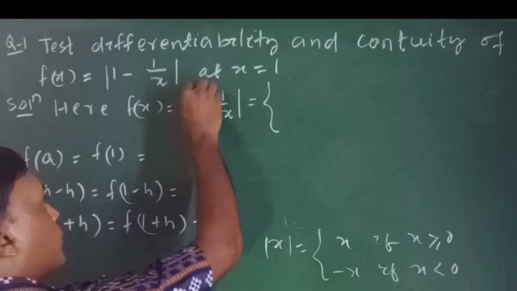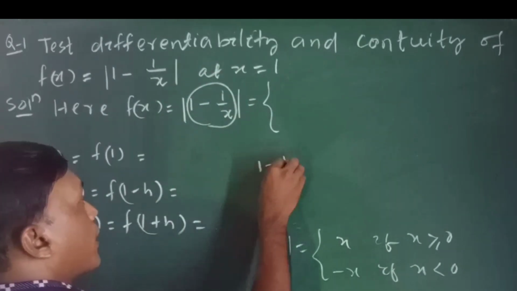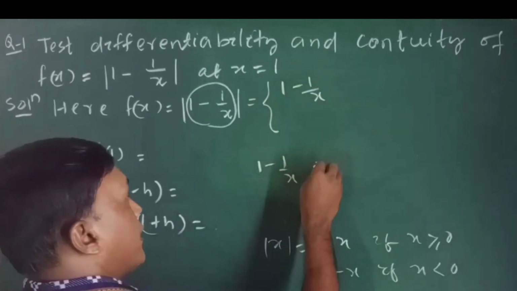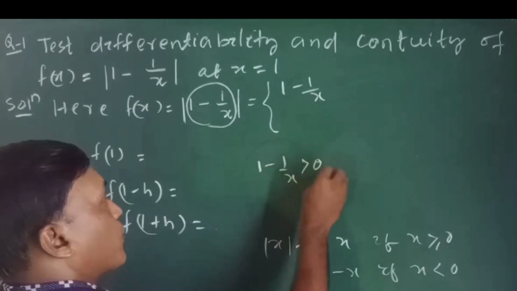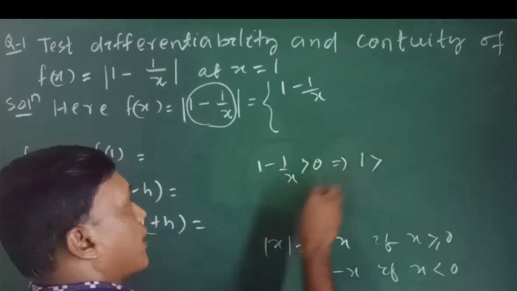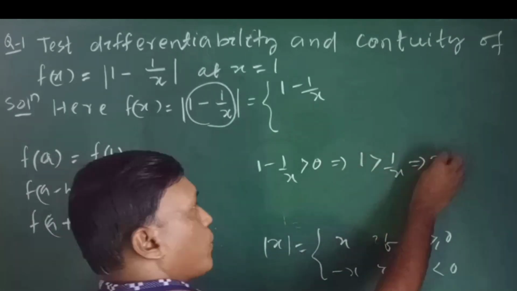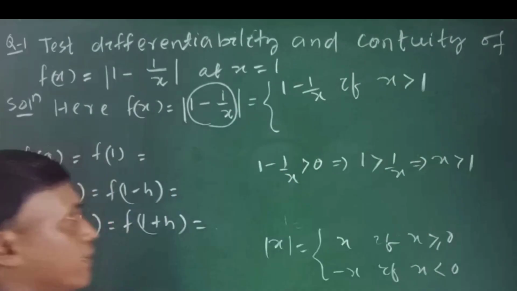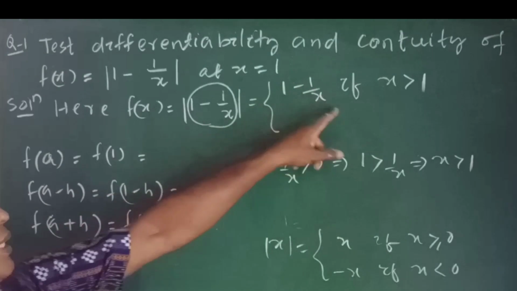So modulus of this is plus 1 minus 1 by x, 1 minus 1 by x when x greater than 0. That means this greater than 0. That means 1 greater than 1 by x, which implies x multiplied, x greater than 1. So 1 minus 1 by x mod is 1 minus 1 by x if x greater than 1.